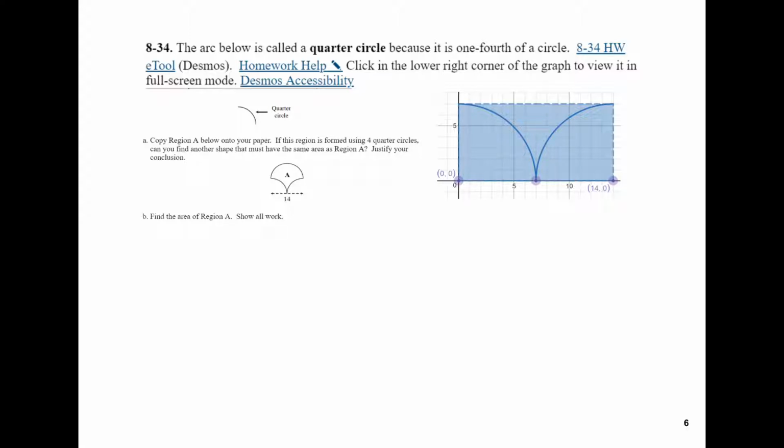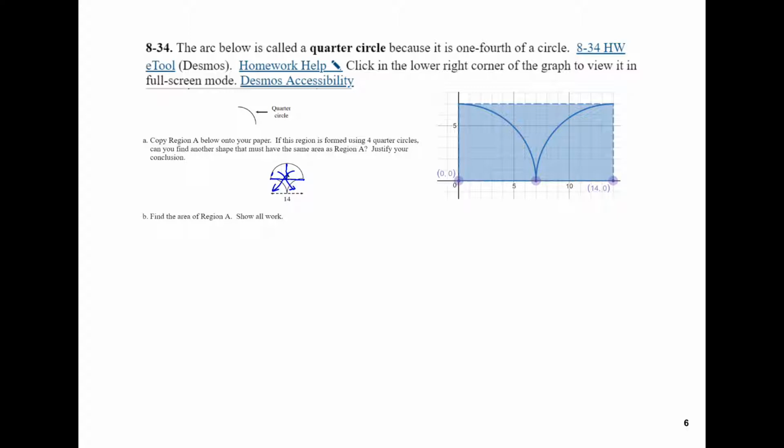So if we rearrange these quarter circles into a rectangle, we can move region A. We can take this top half and separate half of the circle here, the other half of the circle here, as shown in the diagram to the right.